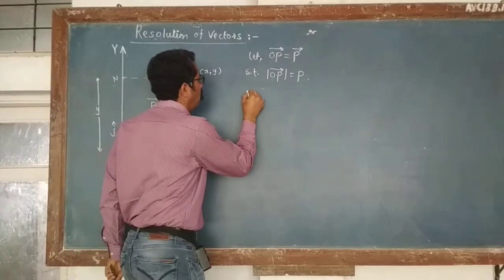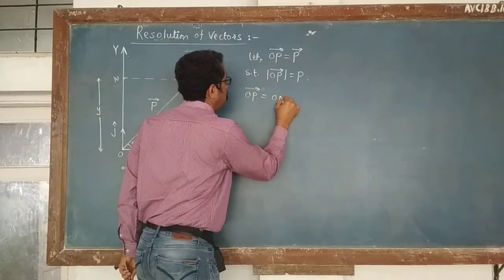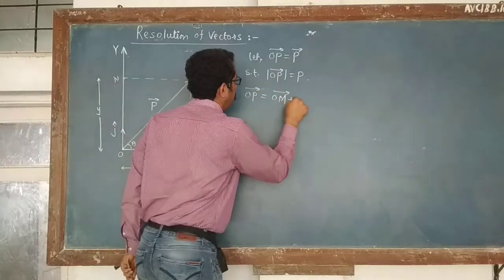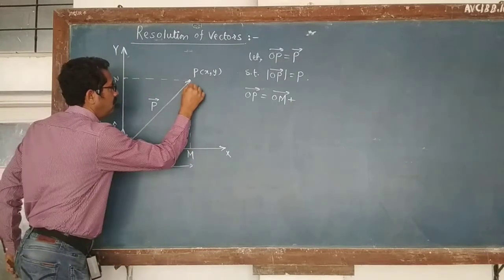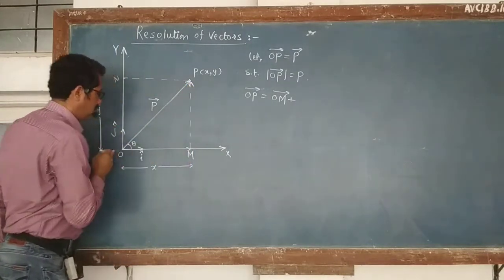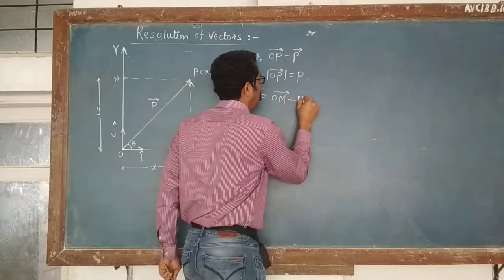Then in triangle law, vector OP is equal to vector OM plus vector MP.